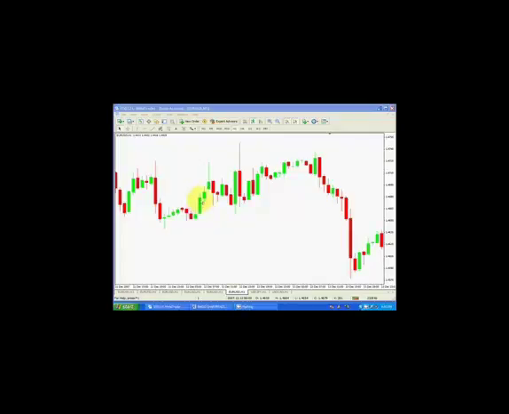When we look at the close of this bar, it closed up around here. Before we would decide if we wanted to enter a long trade, we would have to establish, okay, where is our first level of support?